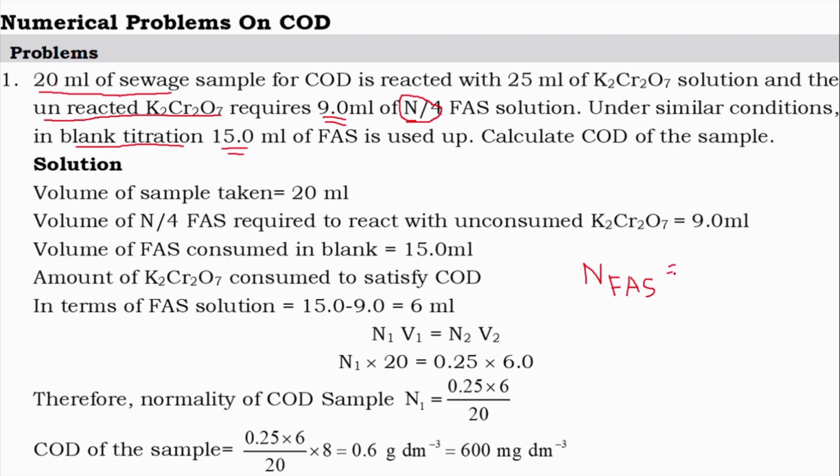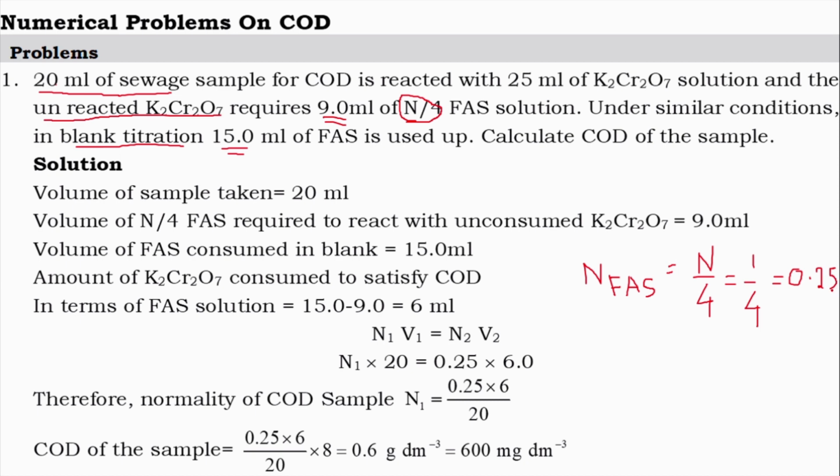So let me write down N/4 is the strength, where N is 1, that means normality. 1 divided by 4 is equal to 0.25. This is the normality of the FAS solution taken for analysis, that is filled in the burette. We need to use this in a formula.